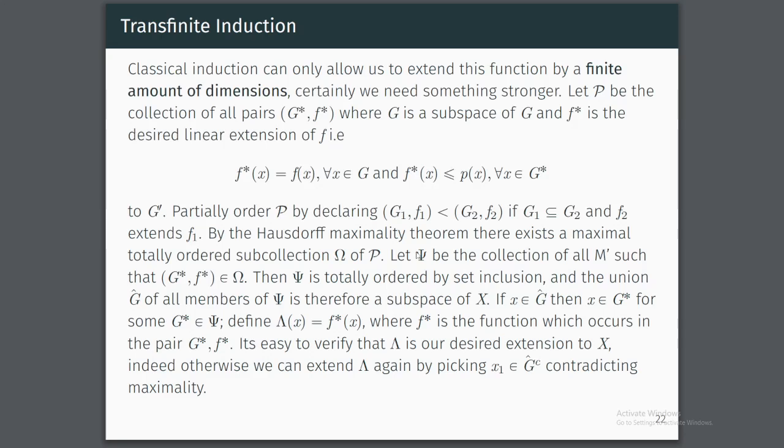If we take the union of all the subspaces that are in this totally ordered collection, then that subspace, first of all, is going to be maximal in the sense that you can't extend beyond it. Okay? And you're going to have for each subspace a function. So how do you define your function on the whole space?